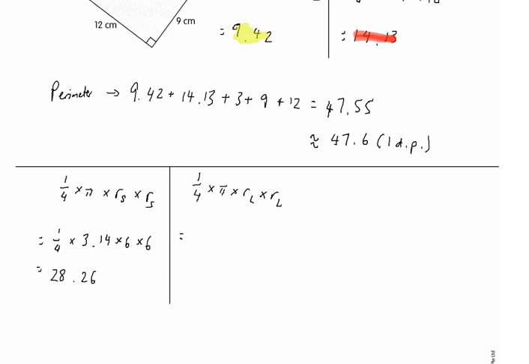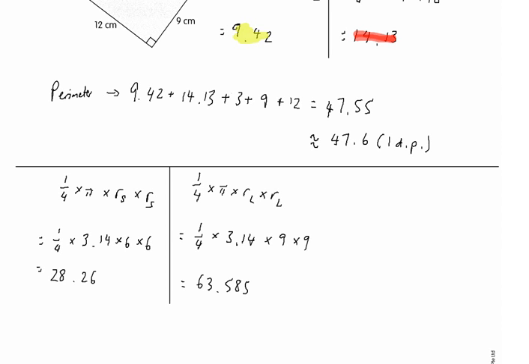Okay, so 1/4 multiplied by 3.14 multiplied by, what's the radius of the large quadrant, Jing Kai? 9. So what's the answer, Jing Kai? 63.585. Okay, so now I have the small quadrant and the large quadrant, right?